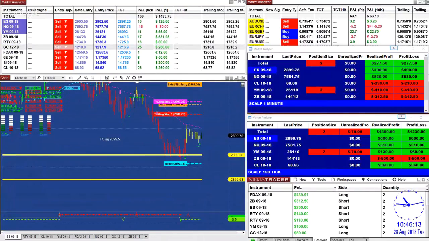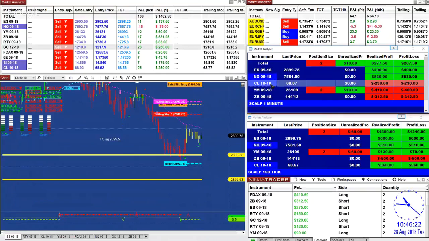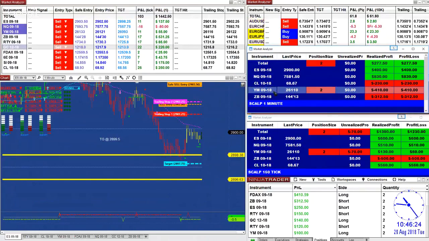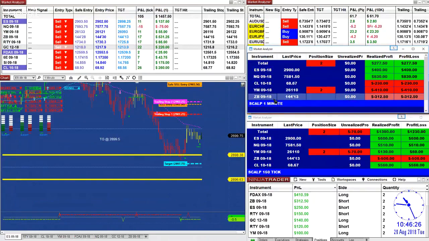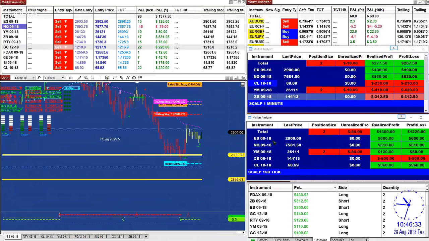So we see the scalpers also did go south. The CL right now did go south. The YM is struggling, and the 30-year is struggling. On the 150 ticks, we managed to stay in the green on the ES, and we managed to get green on the Nasdaq.